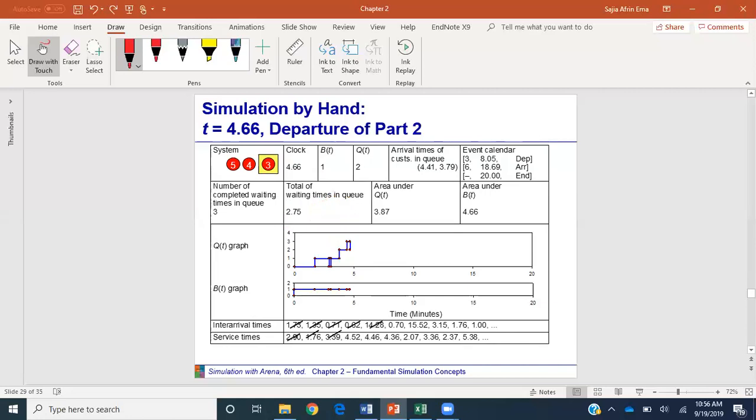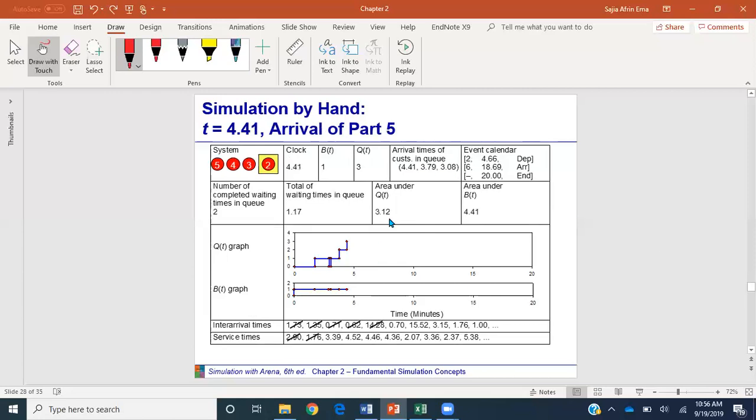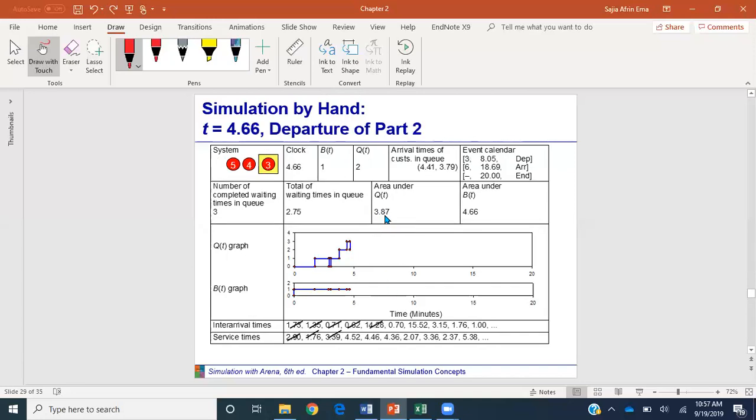Next, we can see the area under the QT graph has changed, right? It was 3.12 at 4.41 minutes. Now it's 3.87 because we have an interval over here. And then BT graph is 4.66. Next, part 3 will leave the system. Part 3 left the system, part 4 entered the queue.